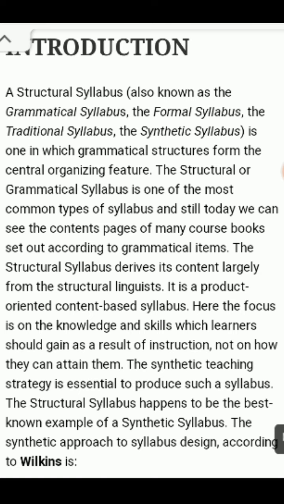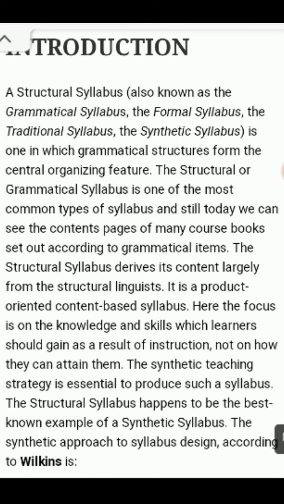Okay, the first part of this very sentence, up till instruction, where there is a comma, it refers to the product oriented syllabus. Meaning in any product oriented syllabus the focus would be on acquiring knowledge or acquiring skills. Okay, and how is it expected that these will be acquired?